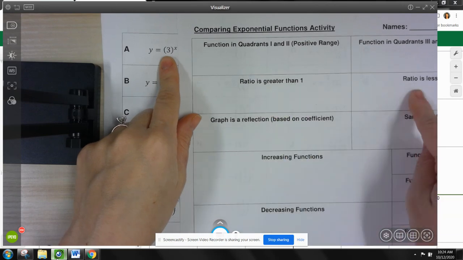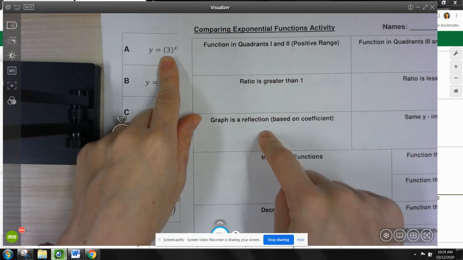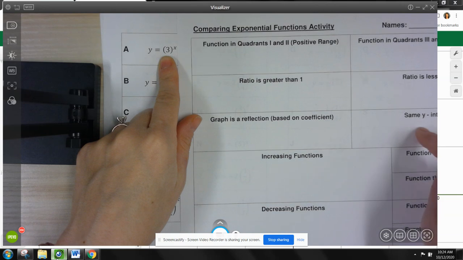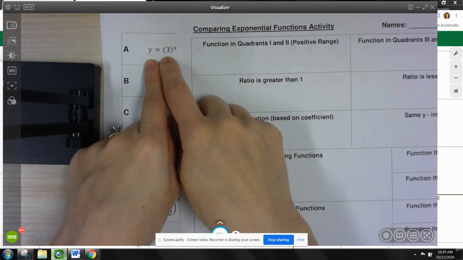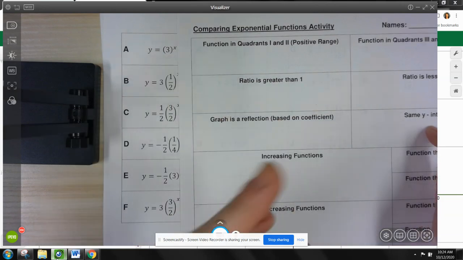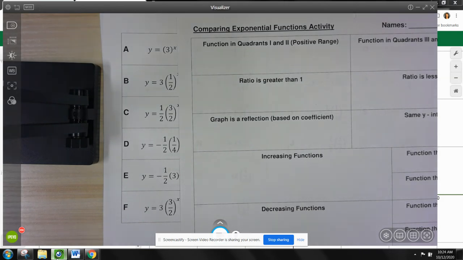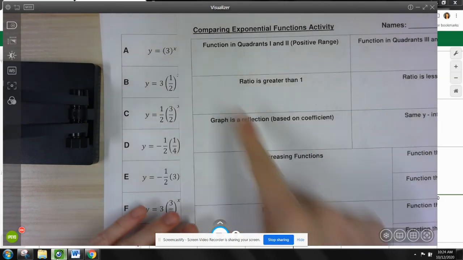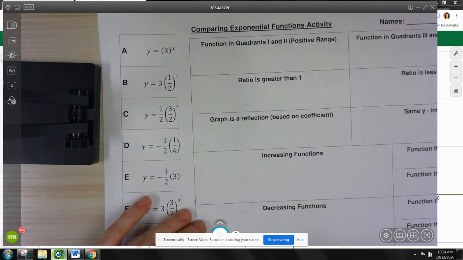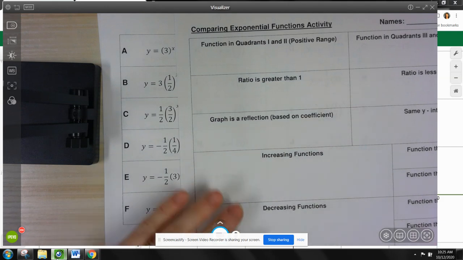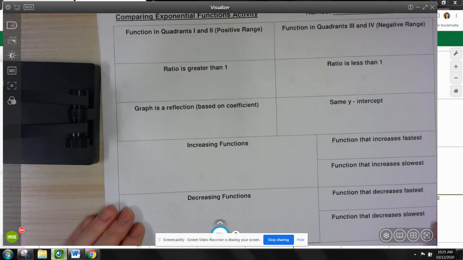Is the ratio less than 1? Is it a reflection? What's the y-intercept? Well, I would write the y-intercept over here because I want to write the ones that have the same y-intercept. And then I would say if it was increasing or decreasing. So a lot of these letters are going to show up multiple times on your activity sheet.